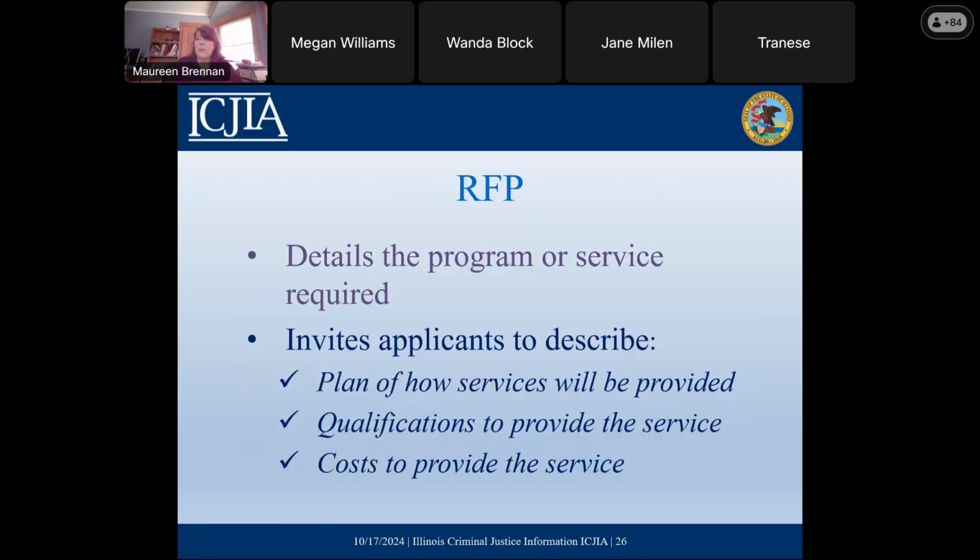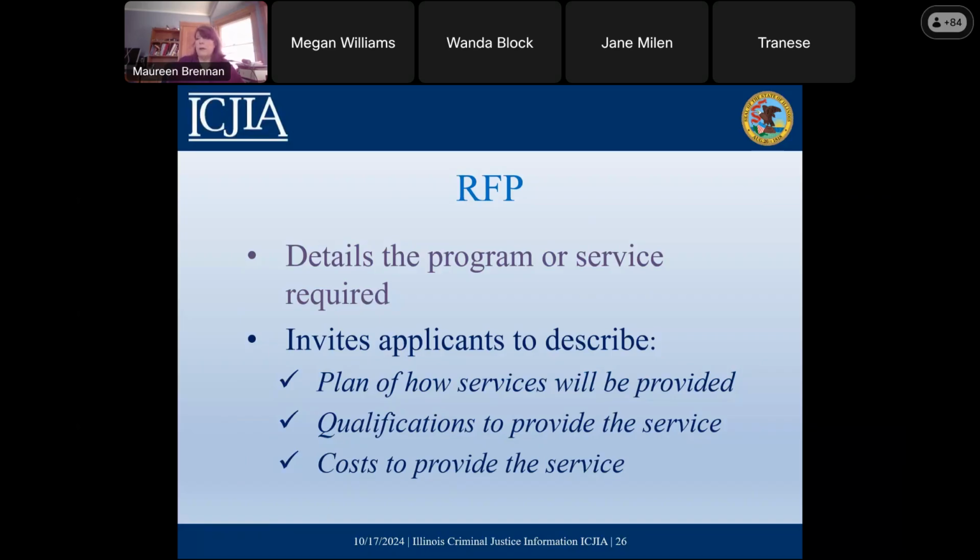So let's look at the RFP. Again, you need to define the program or services that you're seeking to procure. You're going to post that RFP after we approve it and give you the okay, to invite applicants to describe how they're going to provide those services. They're going to describe their qualifications to provide those services and the cost to provide them.